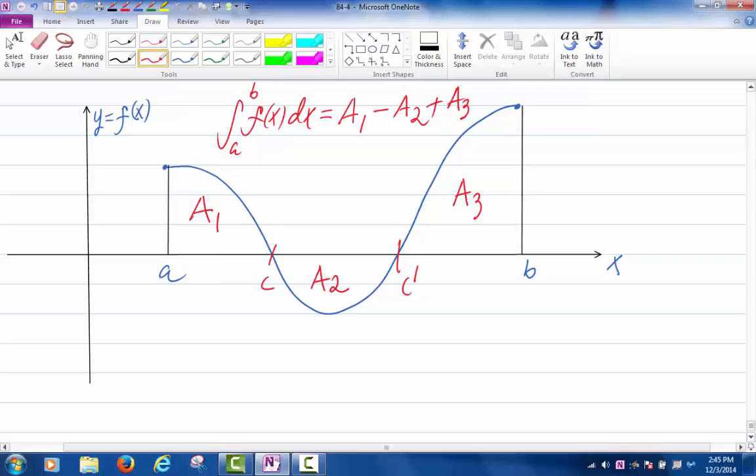Is everybody clear? Then the integral from a to b of f of x dx is what? It's the net area. What do I mean by net area? Regions below the x-axis will have negative areas, okay? So it is A1 minus A2 plus A3.